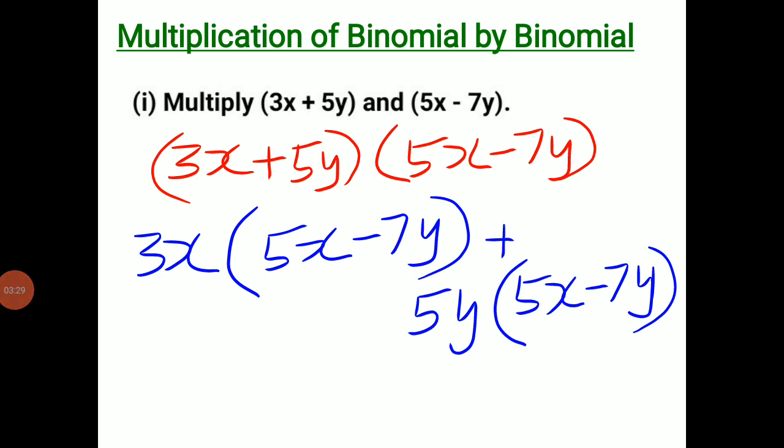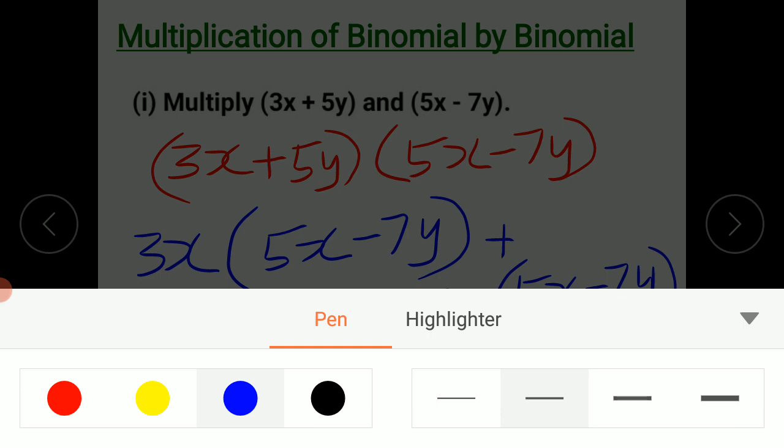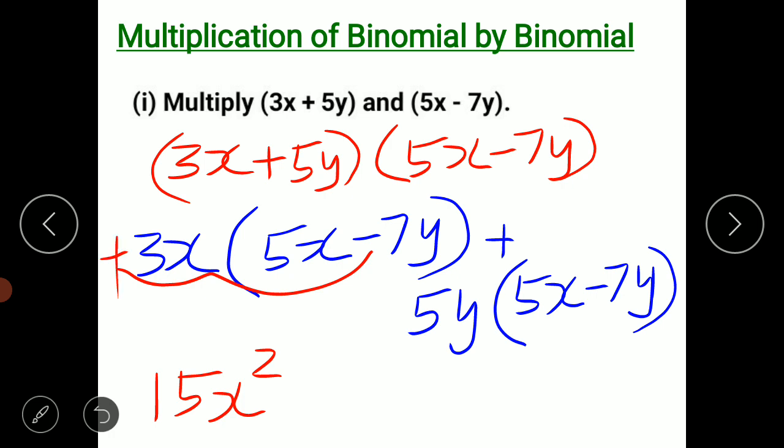So now let's open the bracket. So 3x into 5x, we get 15x square, is it? 3 5s are 15, x into x, x square. Then plus into minus; here plus is hiding, plus bracket, when a bracket represents multiplication, is it?